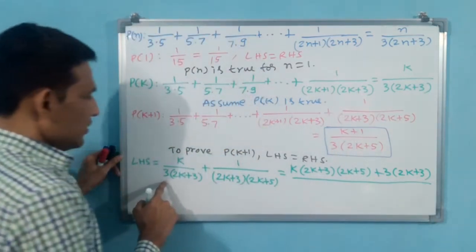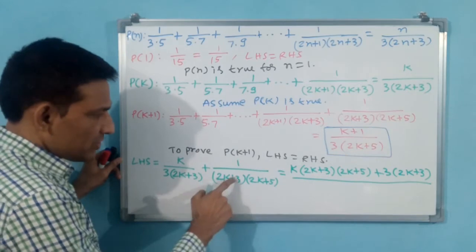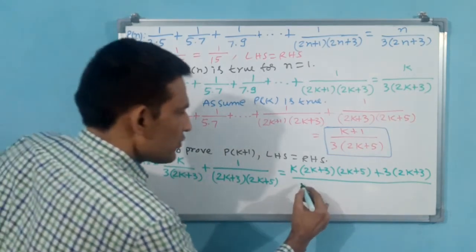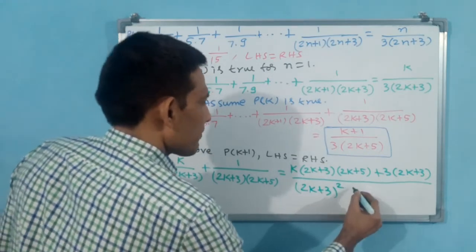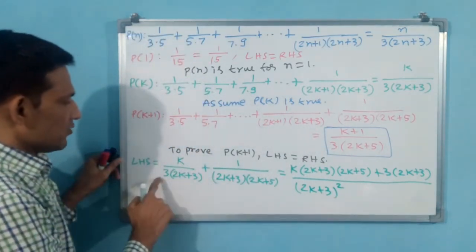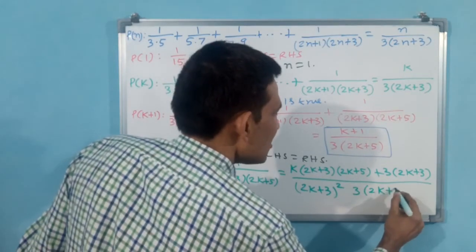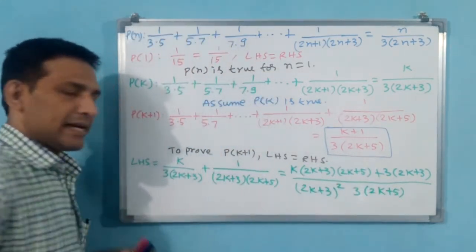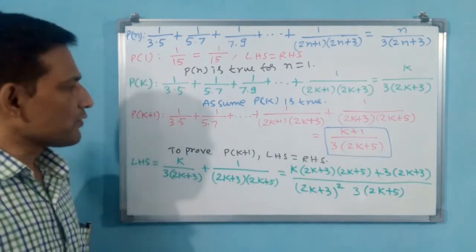Divided by, you see here this multiplication 3 into 2k plus 3 square is there. What am I going to do? I am going to do 2k plus 3 square first. 2k plus 3 square, 3 into 2k plus 5. Okay, don't send inside. Why? Because see, some cancellations are going to happen.